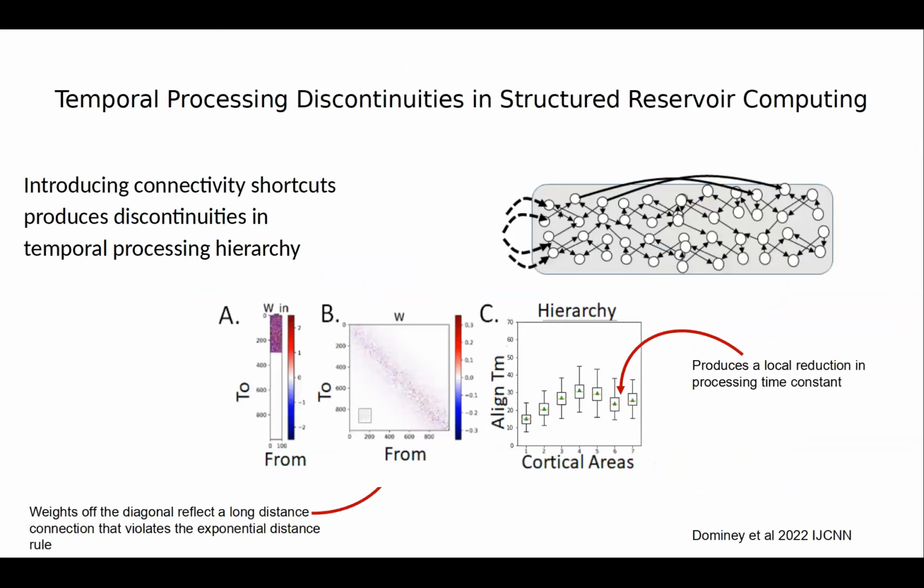So in fact, if we introduce a shortcut into the reservoir with this connectivity matrix, so you can see we're adding some connections here from early input-driven areas to these later far-away areas, then we see that in this later far-away area that's now getting input from the input-driven neurons, the alignment time is reduced. So we're starting to see that maybe these temporal processing hierarchies in the brain can come from structural properties of the network.